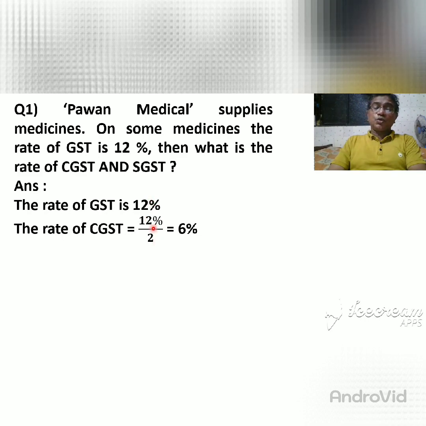GST is 12, so 12 divided by 2. 2 sixes are 12, so you get 6%. So this is CGST.